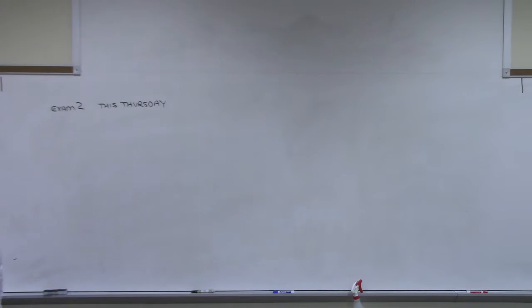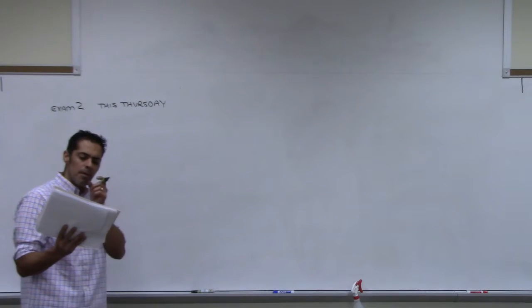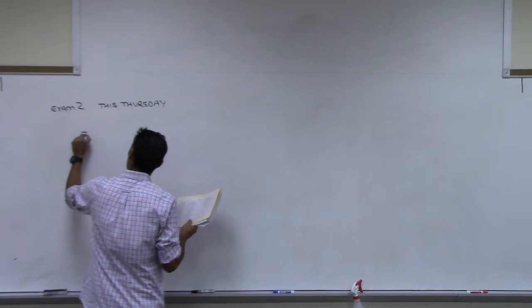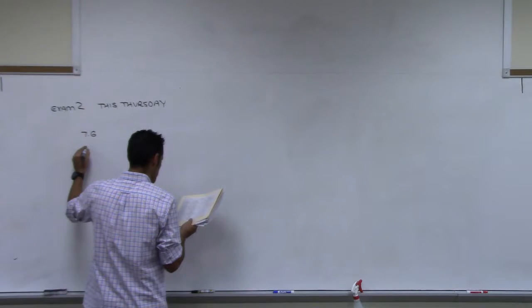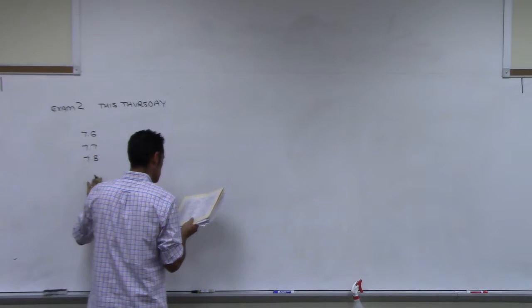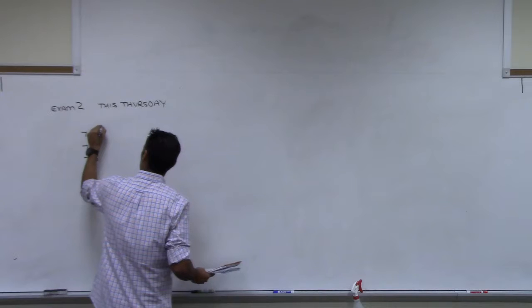Well, the last exam ended back with the unit circle approach to the trig functions. So we have 7.6, 7.7, 7.8. Let's talk about those first.